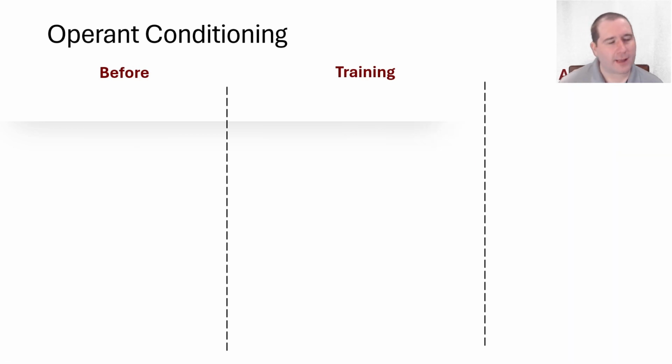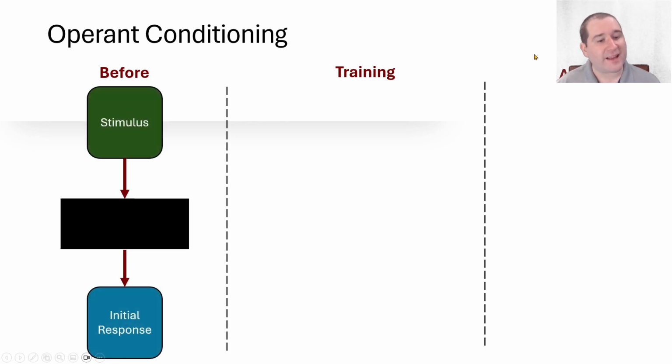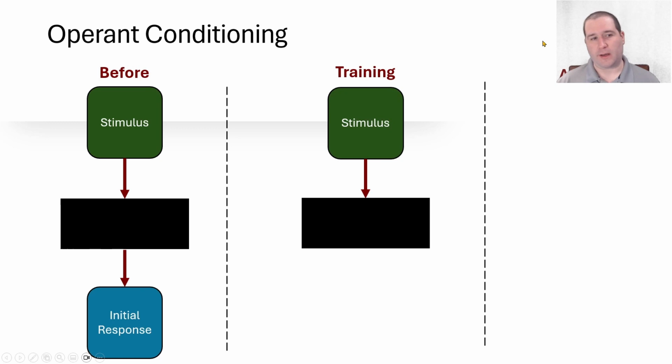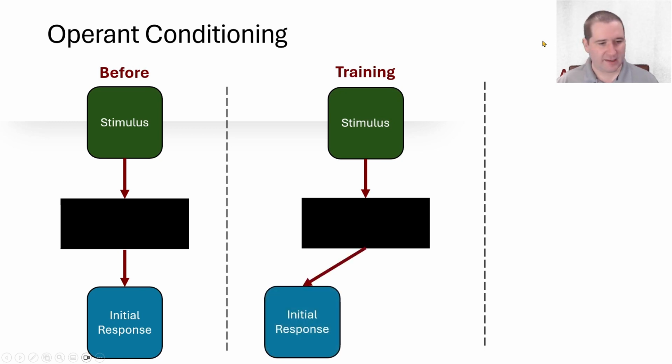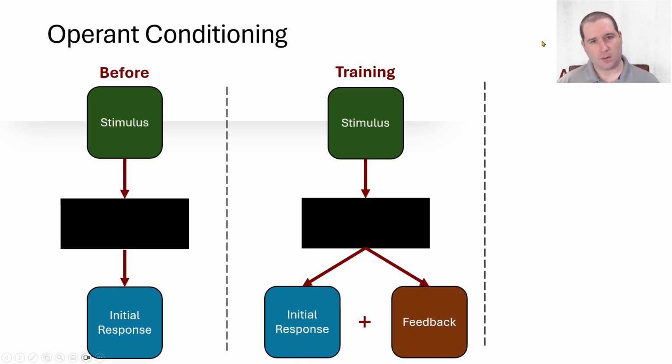All right, next we're going to take a look at operant conditioning, which is similar to classical conditioning. We're still providing a stimulus and measuring that behavior response. But now during training, once we get that initial response, we're going to provide feedback. You can imagine as we keep running this training program, as we do multiple cycles, multiple reps, you're going to keep gaining feedback.